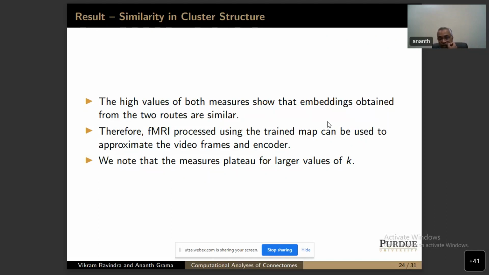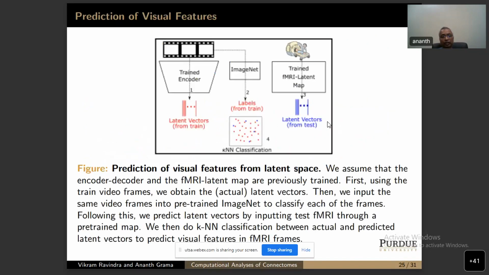So we don't have a very large number of videos here. If we had a much larger set of diverse training videos, we would be able to scale K much, much larger. And of course, we haven't hyper-tuned the deep learning models themselves. So I'm sure there's more juice to be gained from tuning the deep learning models.